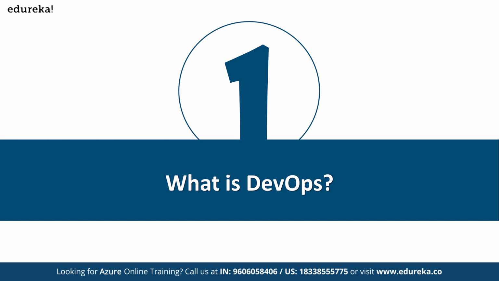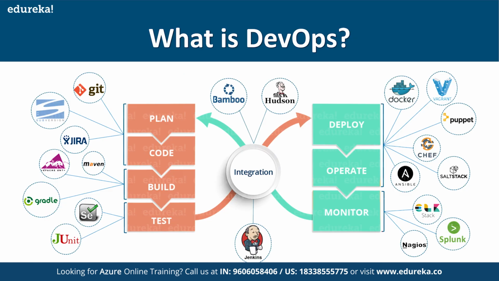What is DevOps? DevOps is in the name itself: you see the D and the O in capital letters, so we can straight away say it is development and operations. It's a combination of practices and tools designed to increase an organization's ability to deliver applications and services faster than the traditional software development process.